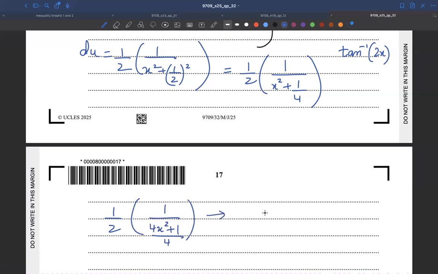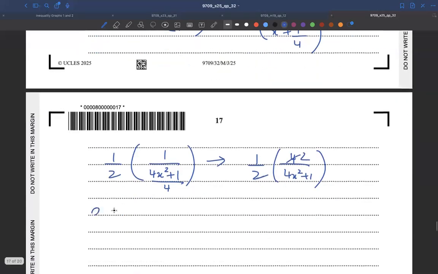We will write it as 1 upon 2 into 4 upon 4x squared plus 1. This will cancel out, and we'll get 2 upon 4x squared plus 1. So this will be du.